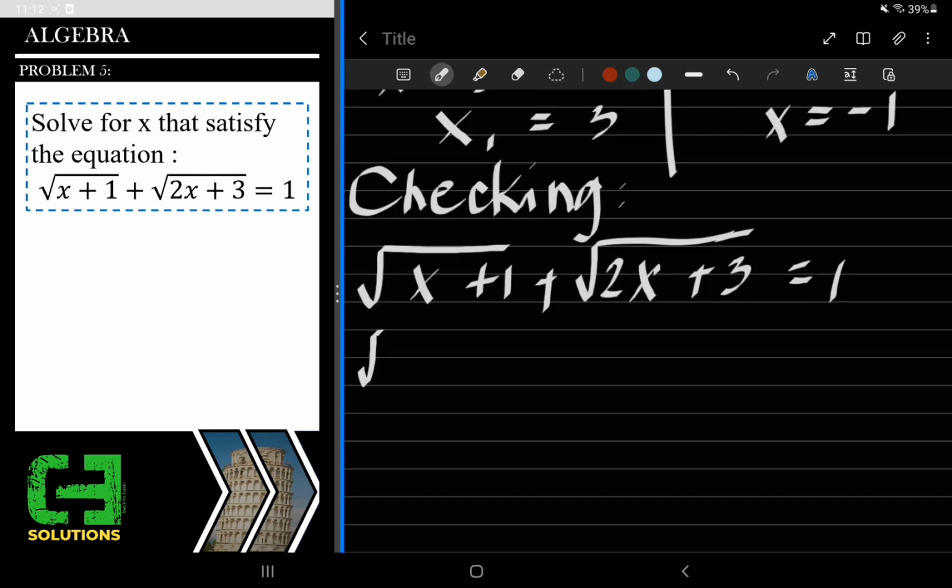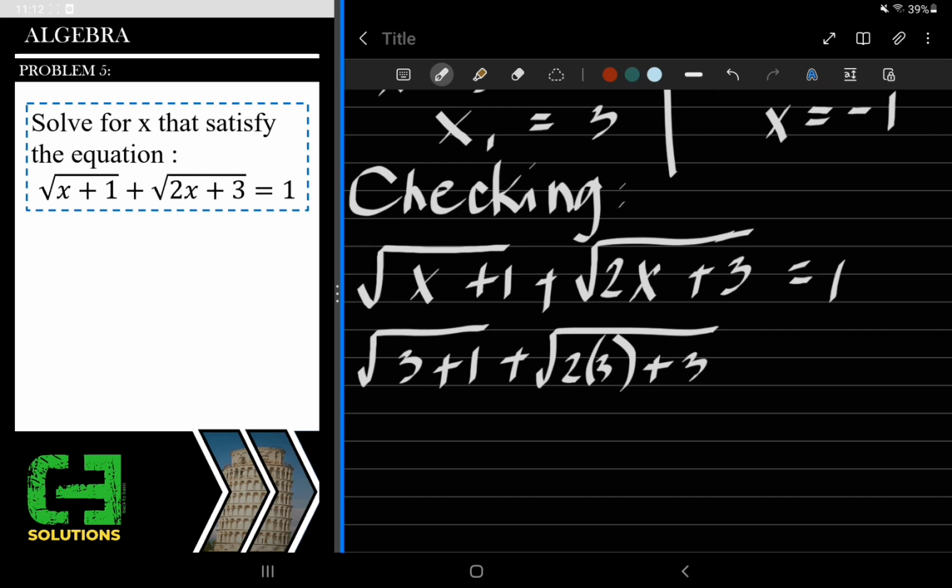Is square root of 3 plus 1, plus square root of 2 times 3 plus 3? The result is 5. So it is not equal to 1. Therefore, x equals 3 cannot be the value of x because it doesn't satisfy the original equation.